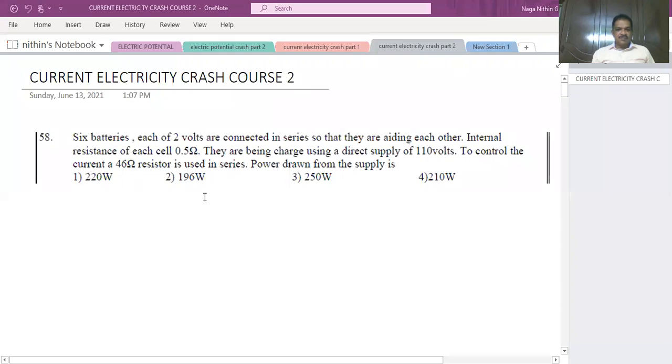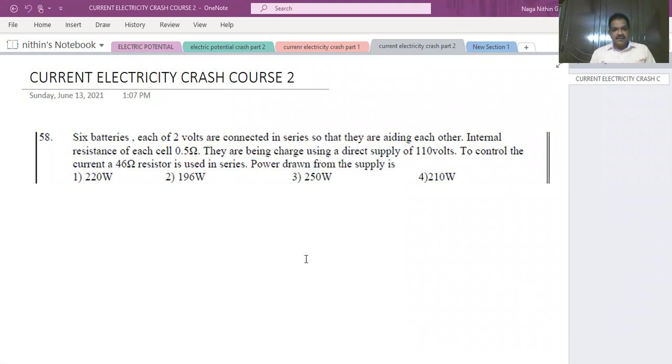Good morning, students. We will do the remaining problems in current electricity. See what is the problem. 6 batteries, each of 2 volt, are connected in series so that they are aiding each other.